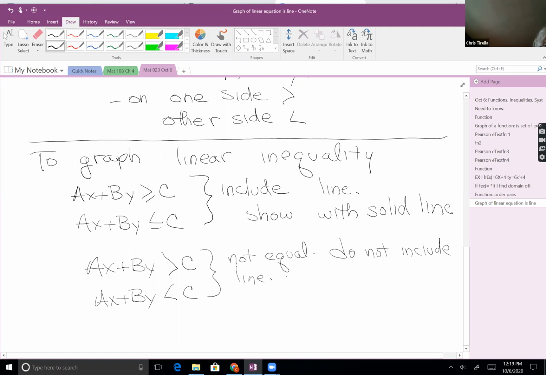So instead, we use a dotted line. So far, so good.